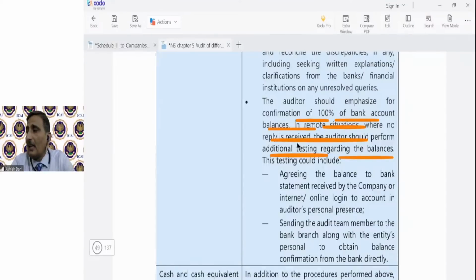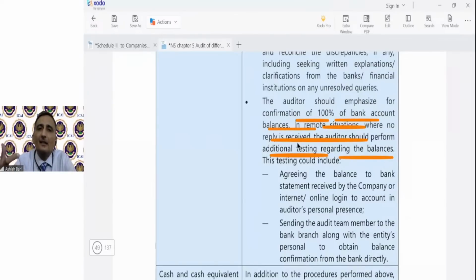Janki ji, welcome. You are asking what is the difference in treatment of trade debtors and sundry debtors. These are both accounting terms which are used interchangeably.